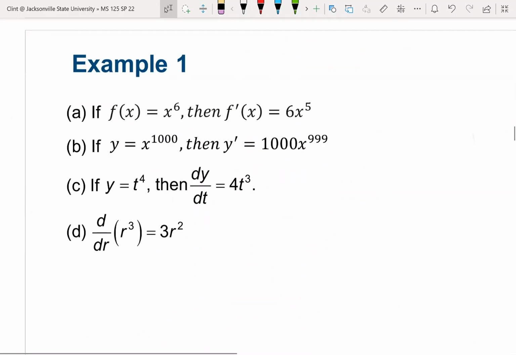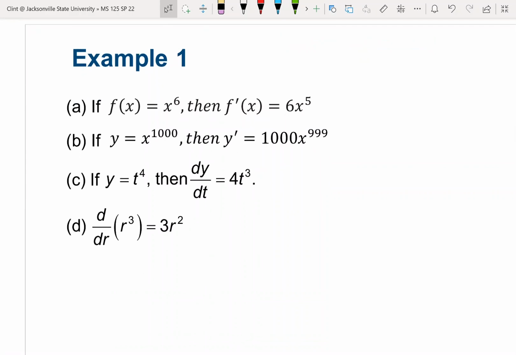If our function is x to the 6th, to get our derivative, we multiply the 6 out front. So 6 times 1 gives us 6. 6 minus 1 gives us the 5th power, so 6x to the 5th. B, we've got x to the 1000th.